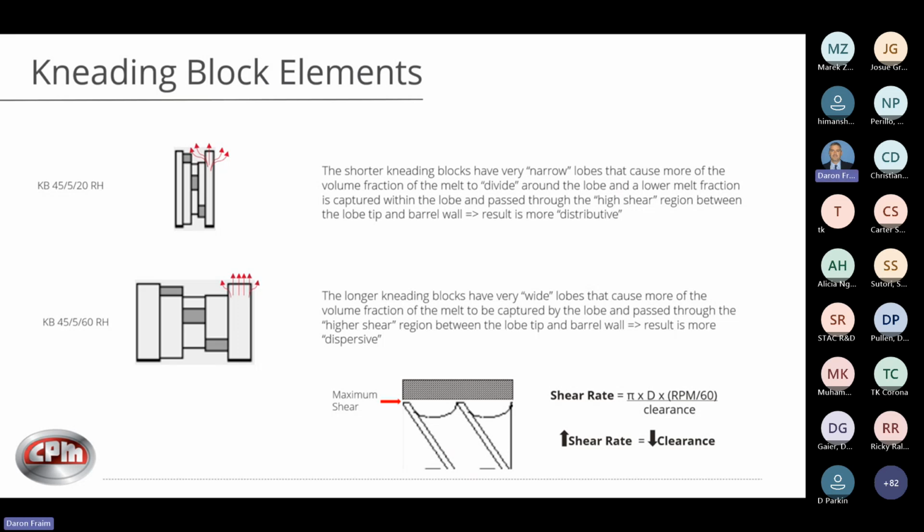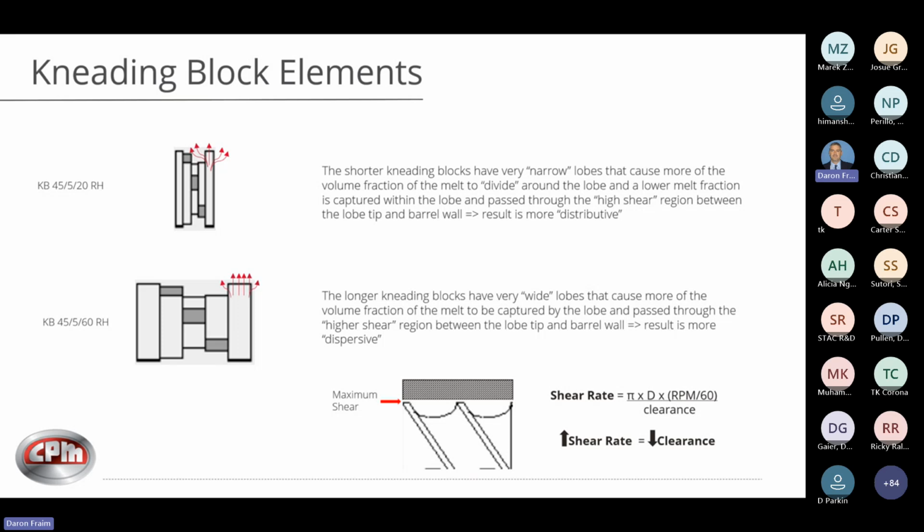we talk about shear rate. When you think of it at a fixed RPM, what's going to change that shear rate is the clearance. And the clearance, of course, the barrel clearance between the tip flight and the barrel wall, is the lowest or the most reduced clearance, and hence anytime you reduce that clearance, you increase shear rate.